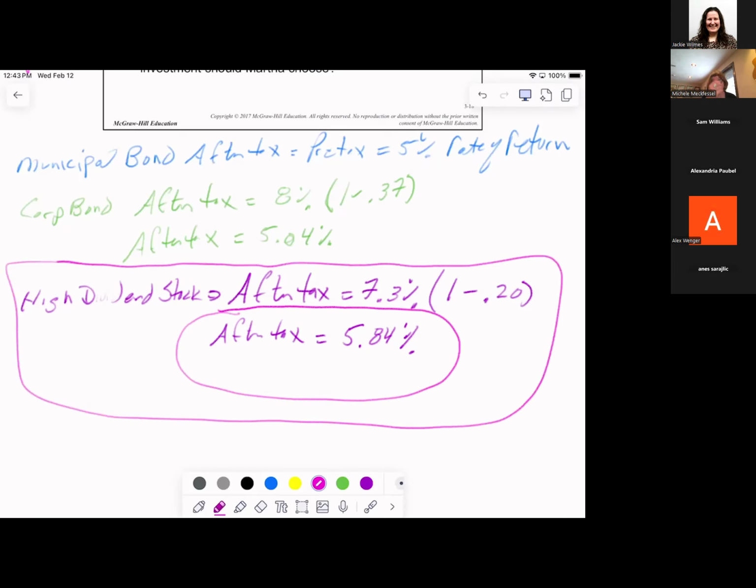Then you could be asked what pre-tax rate of return some other investment would have to have in order to match this 5.84% after-tax rate of return. It's the same type of question. It's not any more difficult than this. You just need to pay attention to what you're asked for.